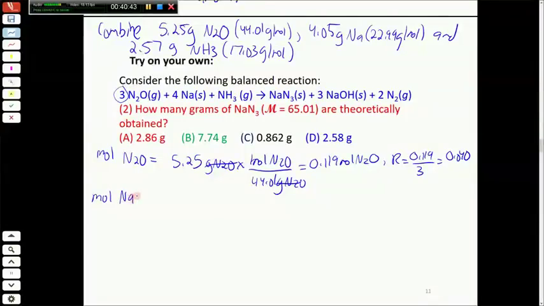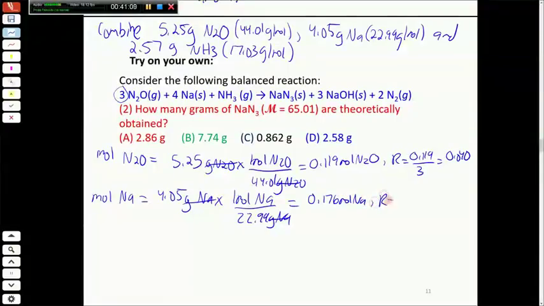So for sodium, the moles of sodium is going to be 4.05 grams of sodium. And it's an atomic species, so we're just going to use the atomic mass, which is given anyway. Let's convert grams of sodium into moles. And so with those numbers we get 0.176.